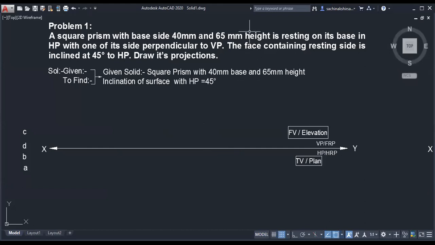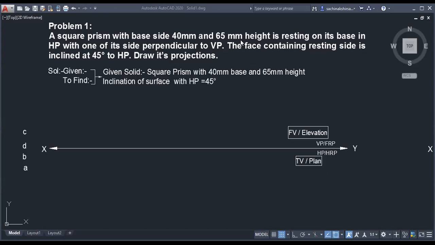Are you observing the problem statement? Yes, sir. Okay, I will give the opportunity to Om Dikshit, 22. Yes, sir. Will you read the problem statement?